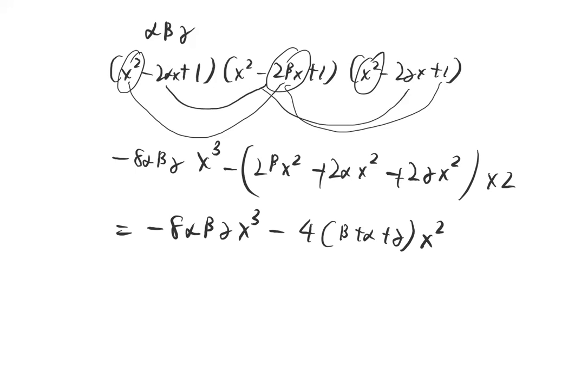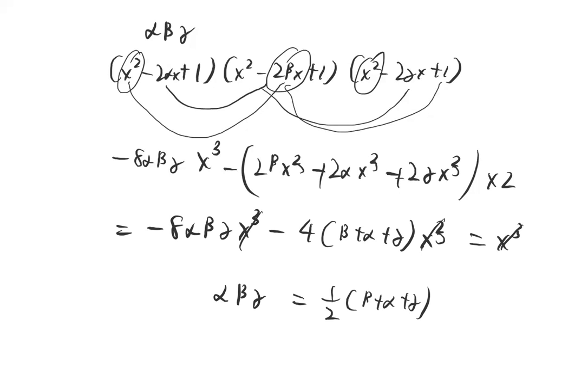And at the end, we compare this as x cubed, cancel out the x cubed. Then we have 1 over beta plus alpha plus gamma. And this is alpha, beta, gamma.